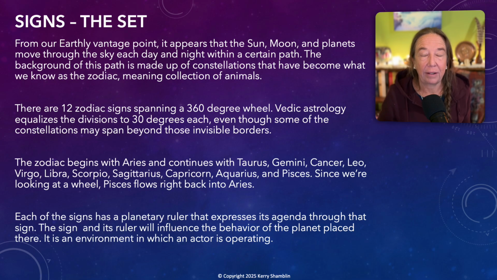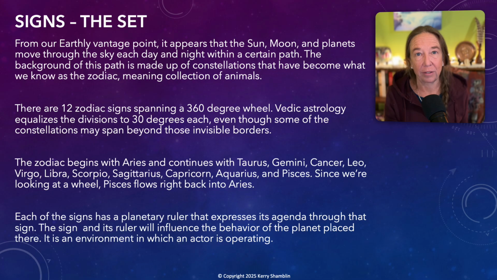Each of the signs is connected to one of the planets, and we call those planets the rulers or the lords of the sign. The sign becomes an expression of that planet's energy. Out of our 9 planets, we have the sun and moon, the first 2.